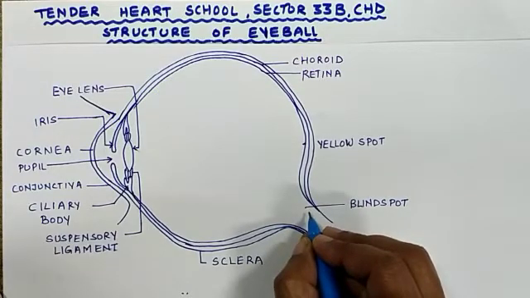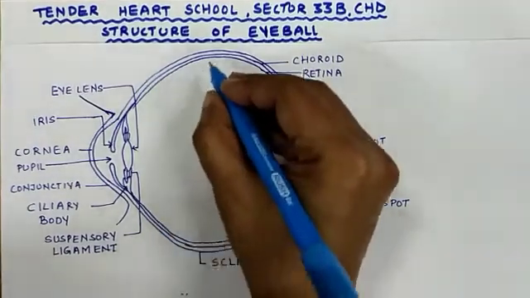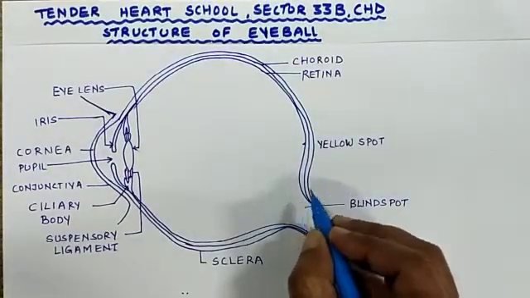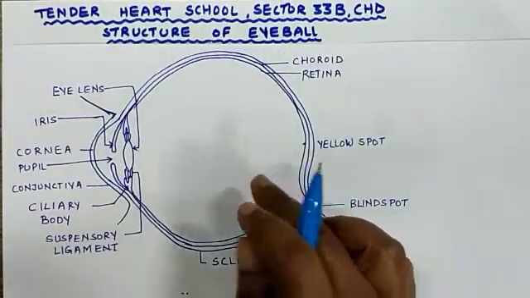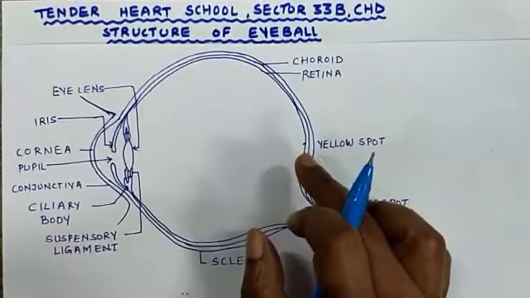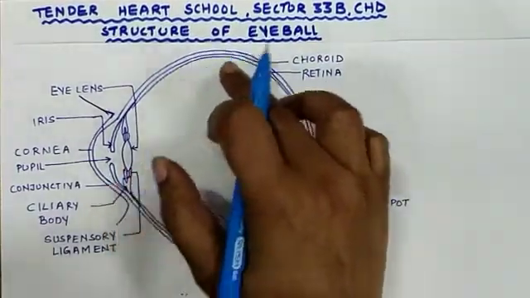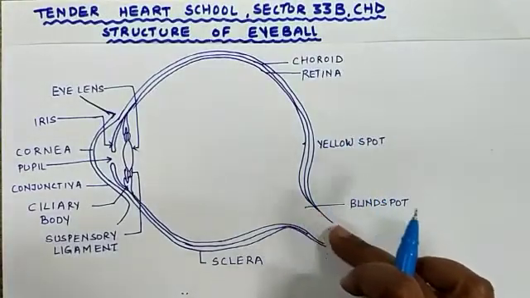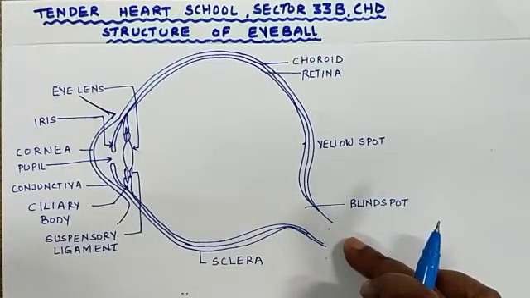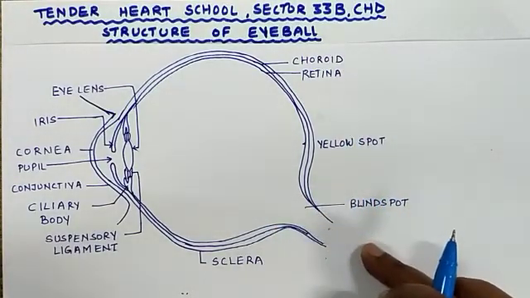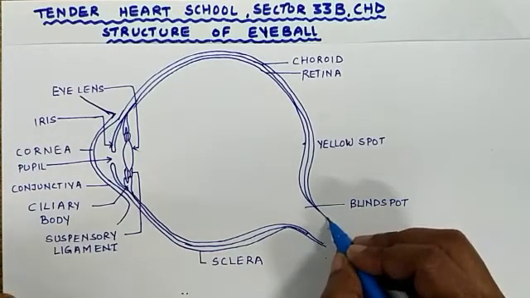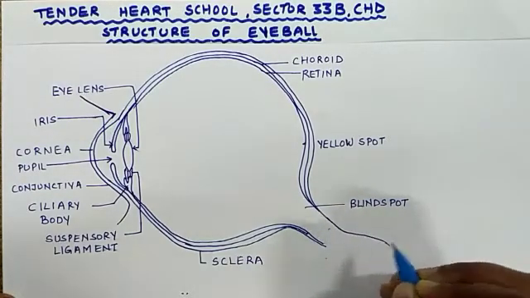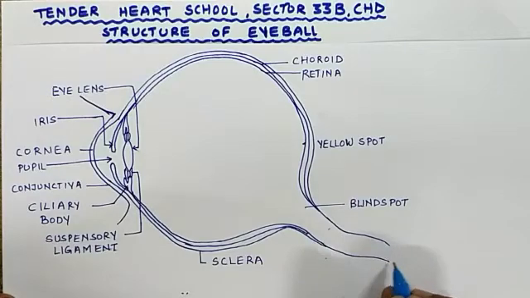The reason being that all the sensory cells of the eyeball, the cone and the rod cells which are present on the retina, leave the eyeball through this blind spot and later they form what we call the optic nerve.